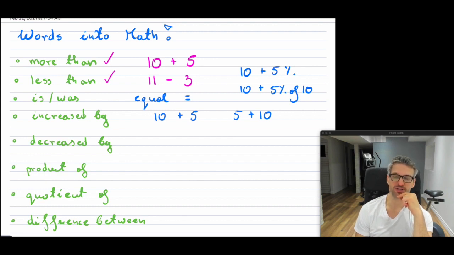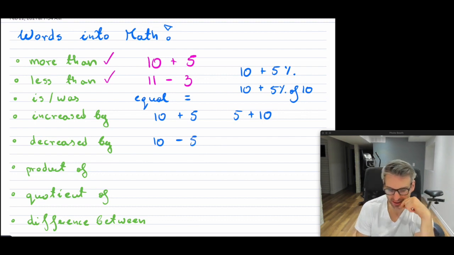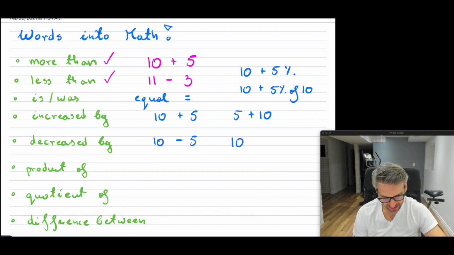Now, "decreased by." If you say 10 is decreased by 5, decreased means you are subtracting. But if you say 10 is decreased by 5%, again, be careful how you write this. You cannot write it like this. You would have to write 5% of 10.